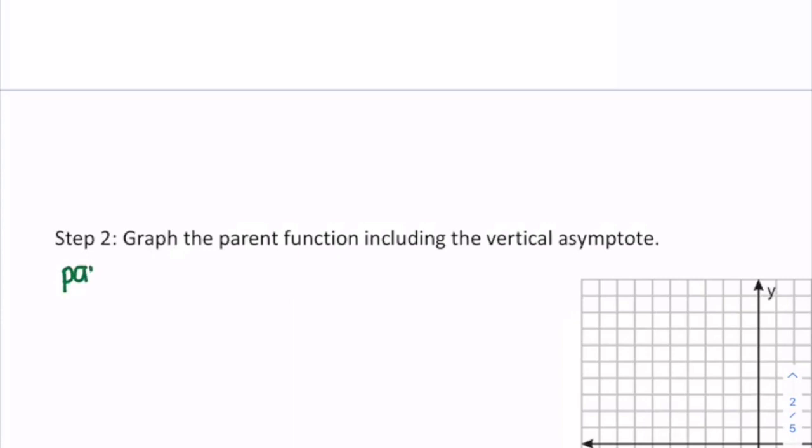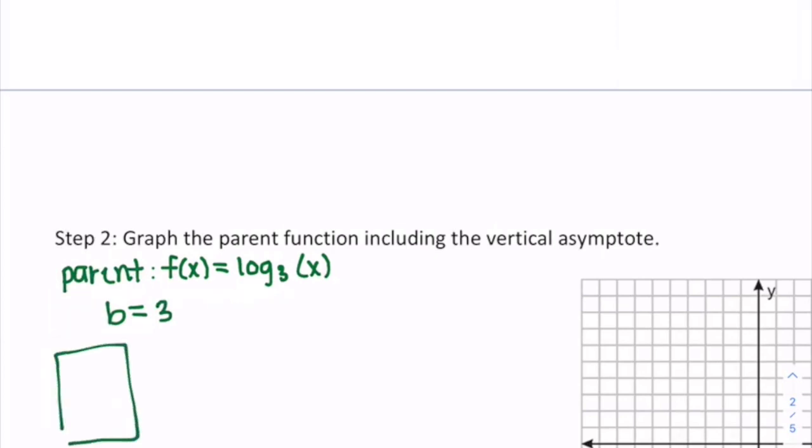Okay, now we want to graph our parent function. Our parent function for this problem is going to be f of x equals log base 3 of x, because our base is 3 in the original question. And we want to make that chart with the 3 key points: 1 over b comma negative 1, 1 comma 0, and b comma positive 1.